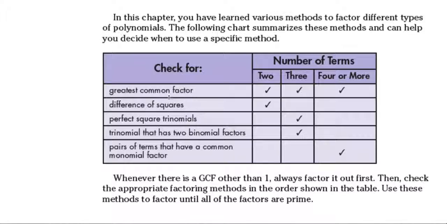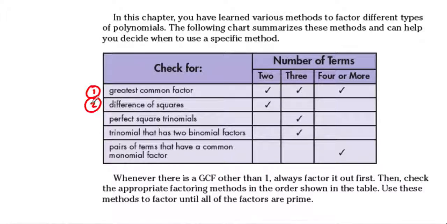So first things first, this is your rundown of priorities and when to factor. The first method is to always check for GCF. That's the very first method. GCF works if you have 2, 3, 4 or more terms in a polynomial. The second thing, after checking if there's a GCF or not, you need to check for difference of squares, and difference of squares only works with 2 terms.